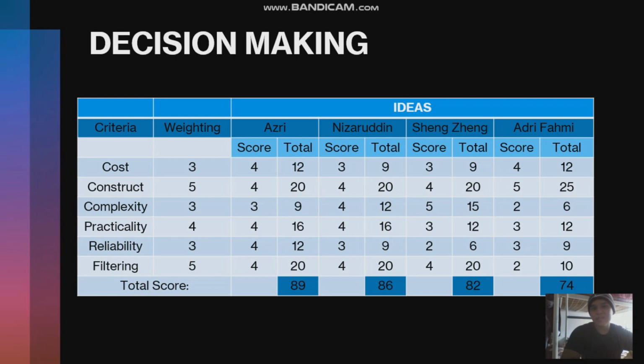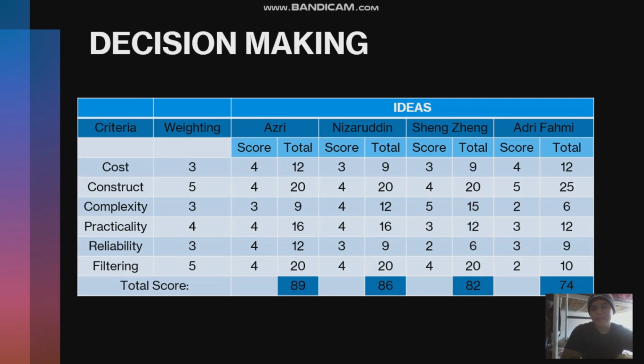Each criterion has its own weighting, decided during our discussion, where the filtering weighting is the highest among the criteria. Each score for the criteria is given by each member of our group.